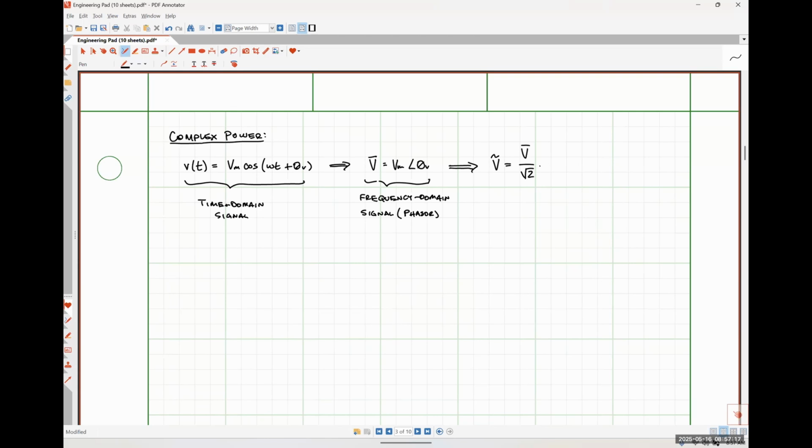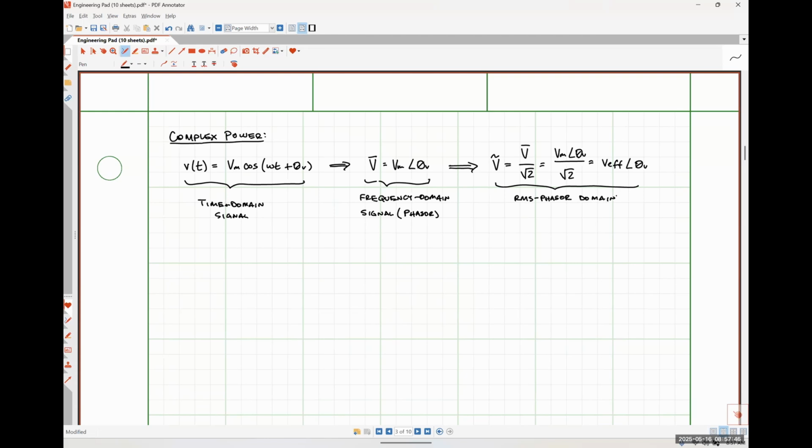So what that gives us is effectively Vm angle theta v over the square root of 2, which is nothing more than V effective angle theta v. So these are how we're going to describe our signals in the RMS phasor domain.